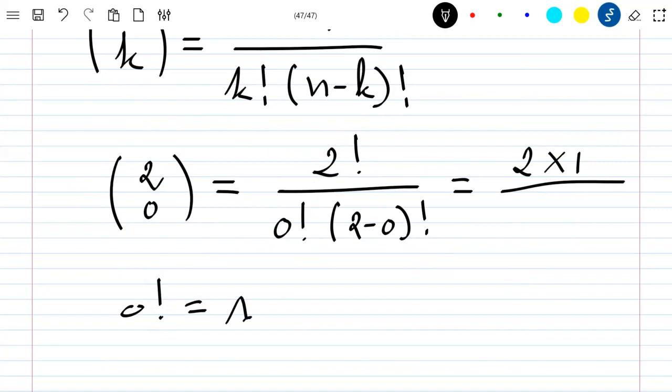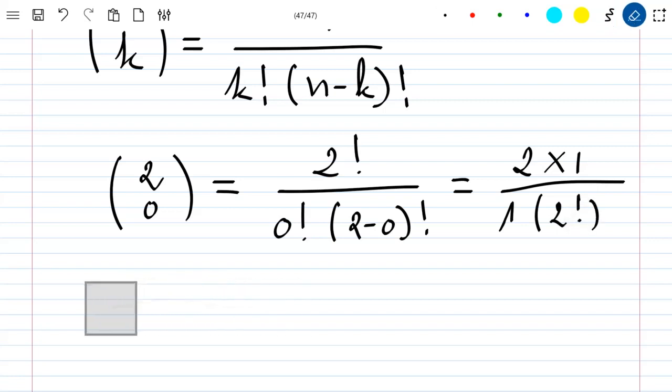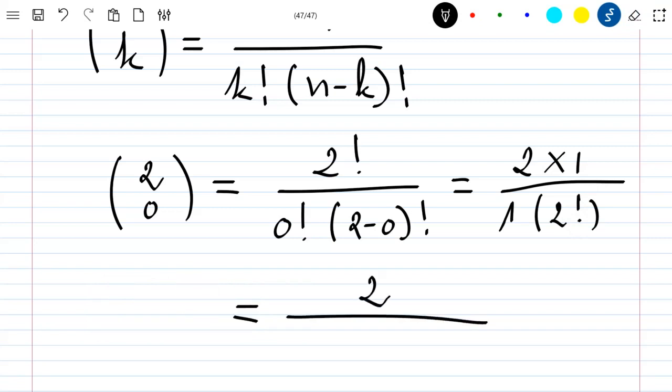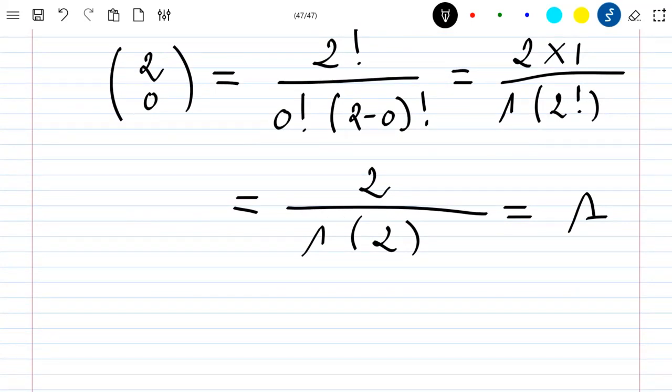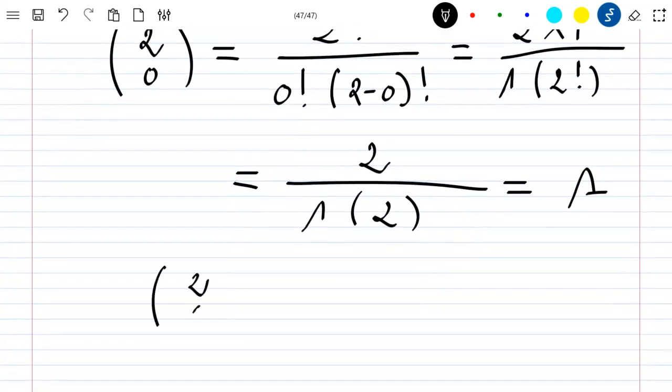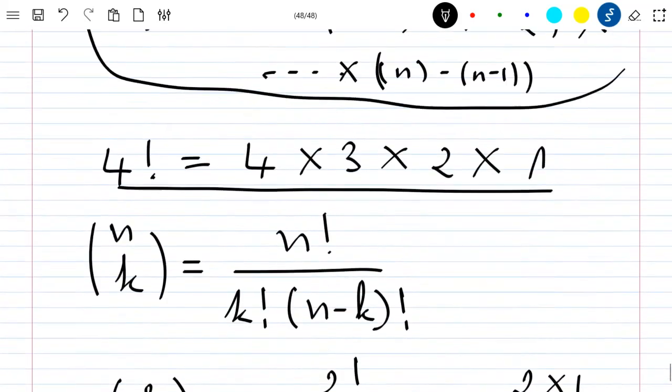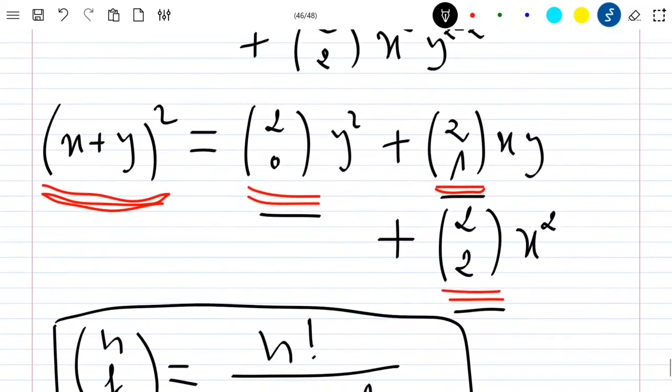This is the definition of the factorial function. So this is 1 times 2 factorial, which is equal to 1. So the first coefficient, 2 choose 0, is equal to 1.